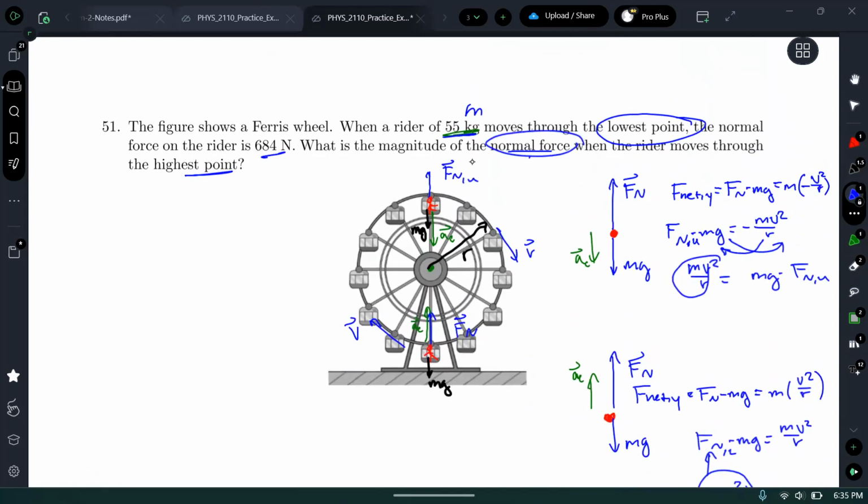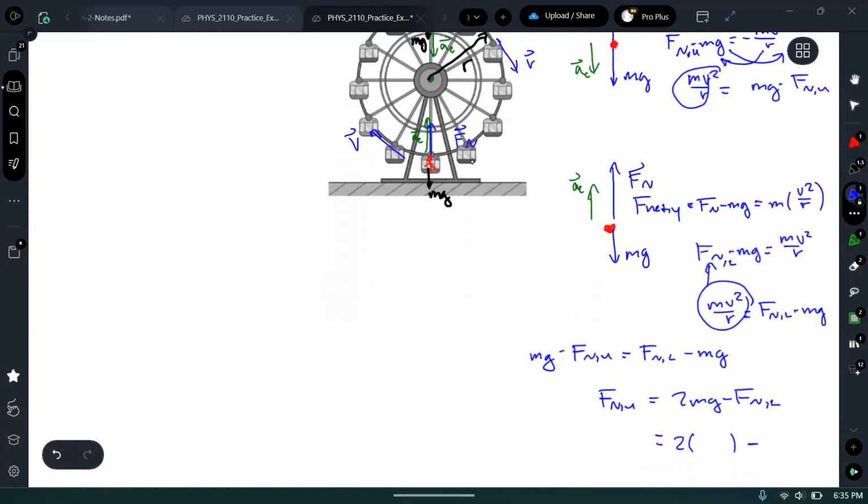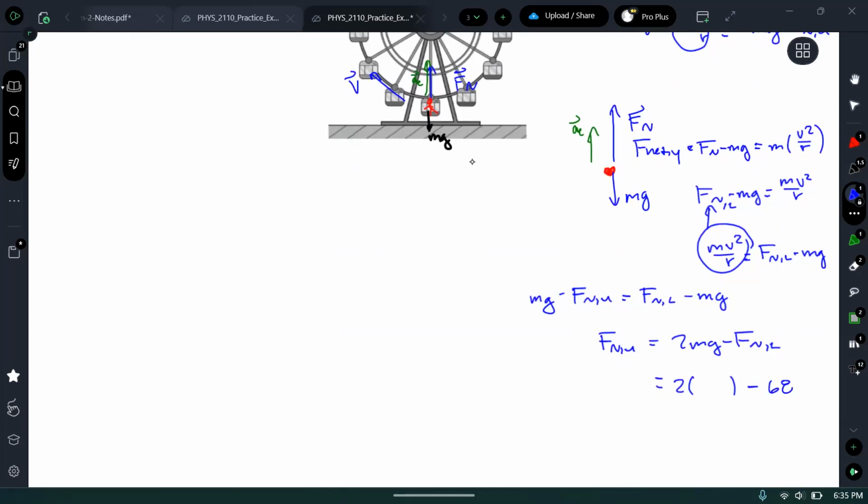That would be Fn upper. So 2 times his weight minus that lower one, which was 684 newtons.